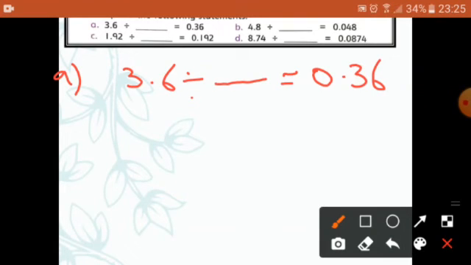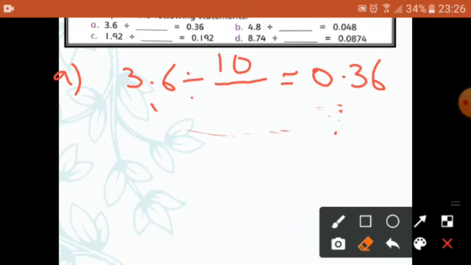So if we compare these two numbers, the number and the answer, we can see the decimal point is moved towards left and one decimal place left. So that means which number is used here for the division? Left direction means division is involved there and 1 time. So that means it is 3.6 divided by 10 and then we got 0.36.